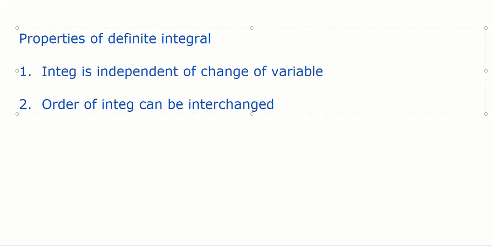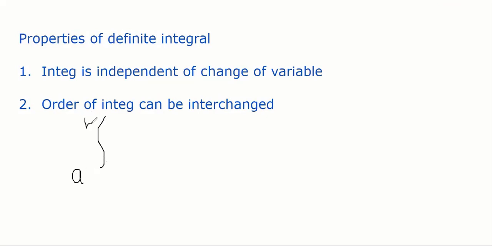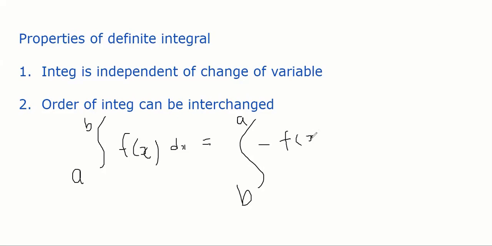If there is an integration from a to b of f(x) dx, and if required, as we did in the previous question, if you want to make it b to a, it just becomes minus of f(x) dx. We can always do that whenever we need it. Order of integration can always be interchanged. That is property number 2.